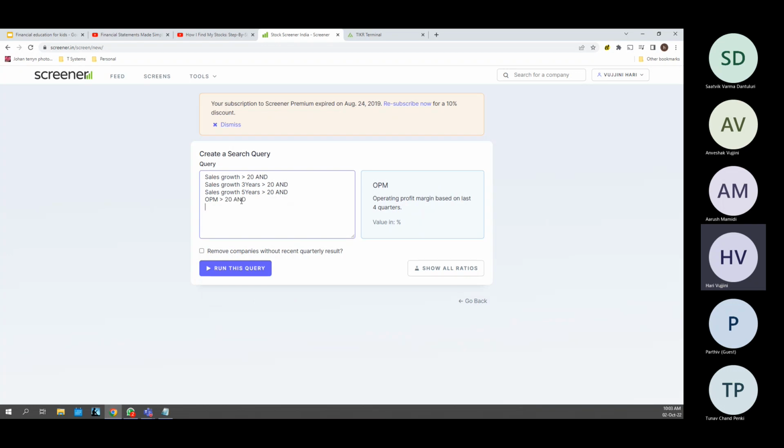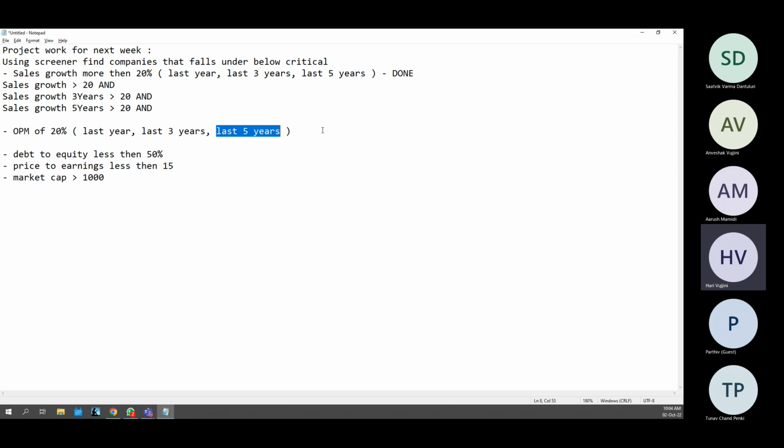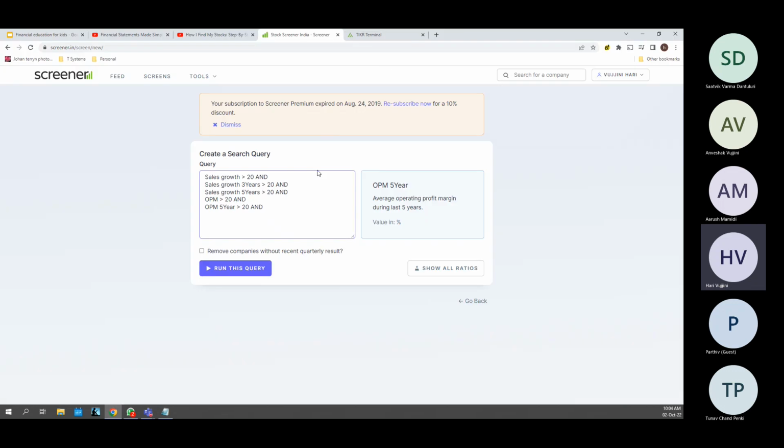OPM doesn't have a 3 years option. So I have to select only 5 years, greater than 20. Okay, so this is also done. There's no option for choosing 3 years.